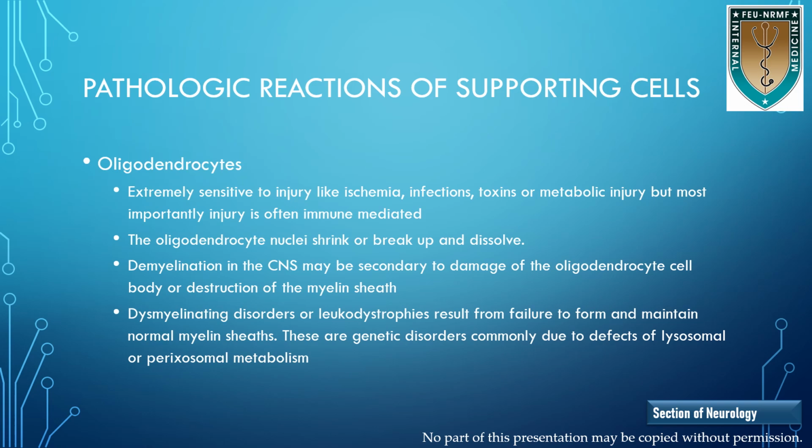These myelinating disorders, or what we also call leukodystrophies, result from failure to form and maintain normal myelin sheaths. These are genetic disorders commonly due to defects of lysosomal or peroxisomal metabolism.